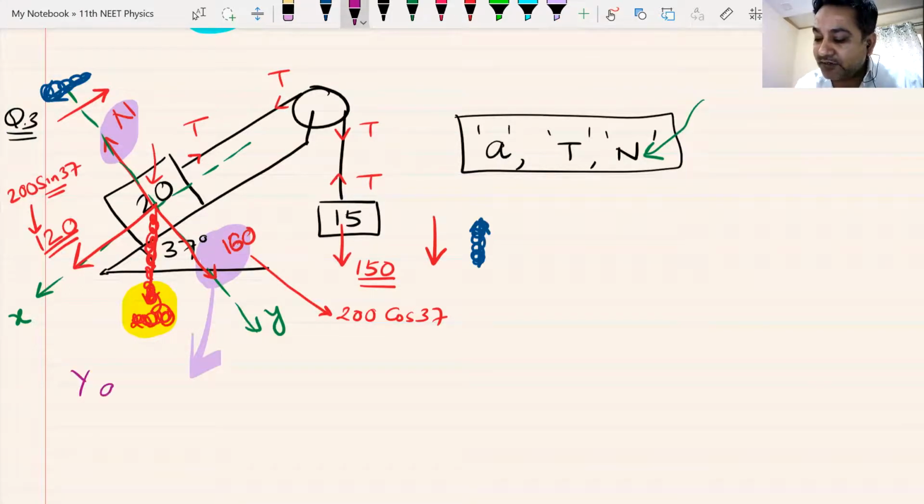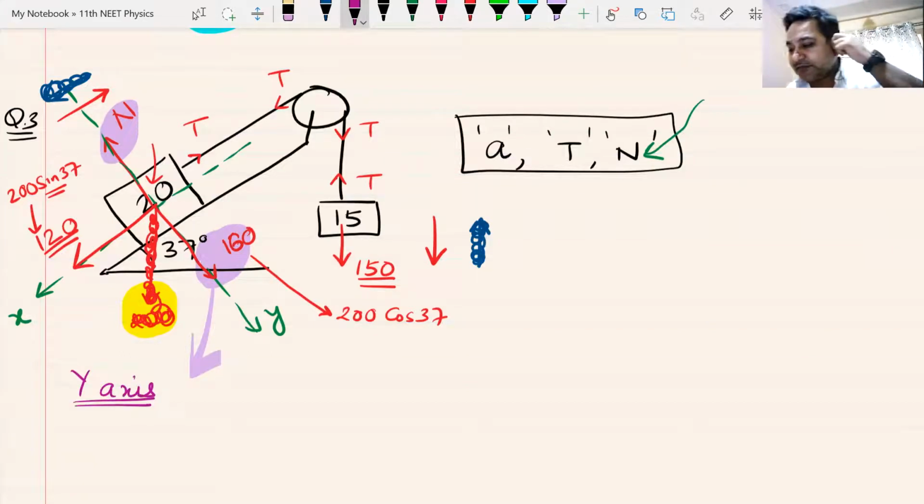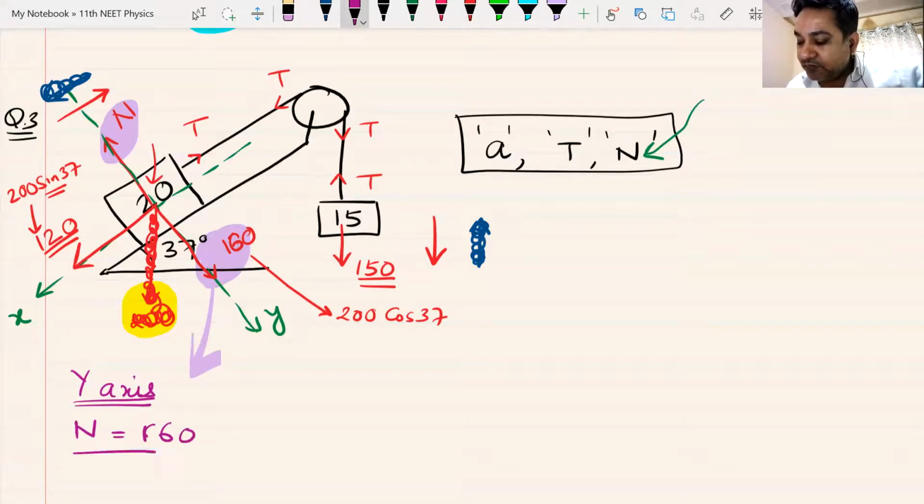Can anyone tell me? Niharika, unmute yourself and tell me what is the equation along the y-axis. N is upwards, 160 is downward. So the answer is N is equal to 160. One more thing I forgot to ask you.